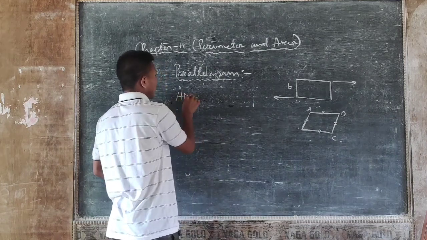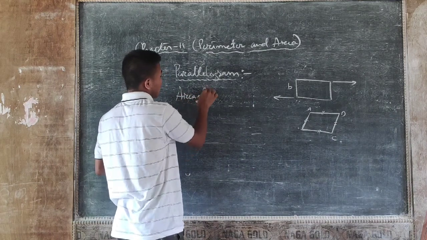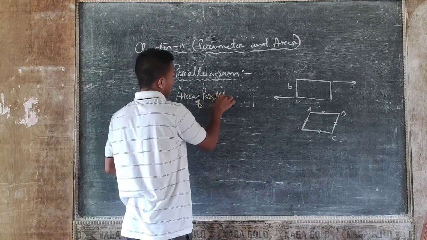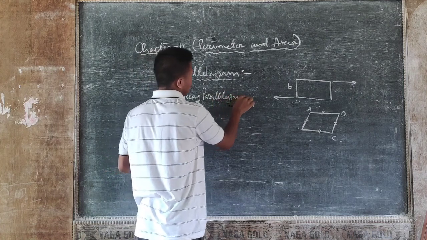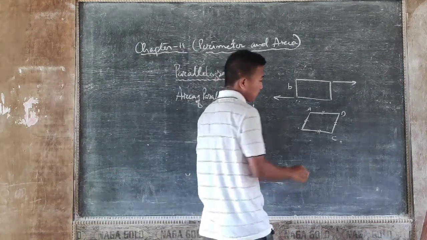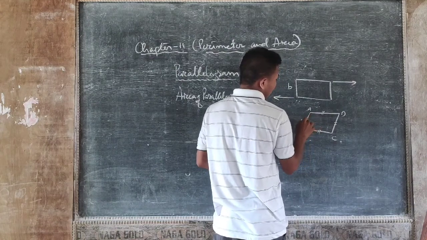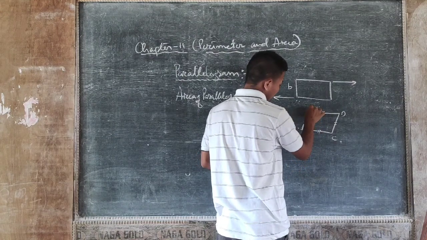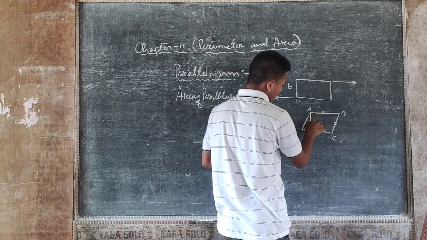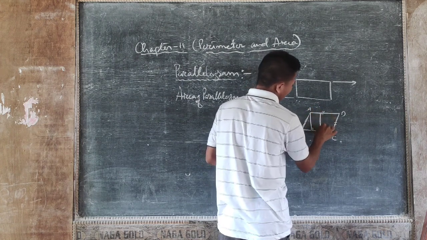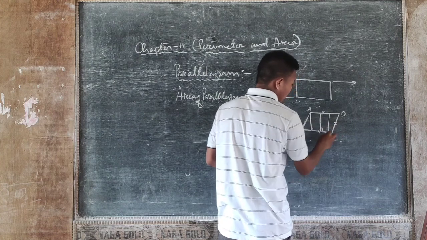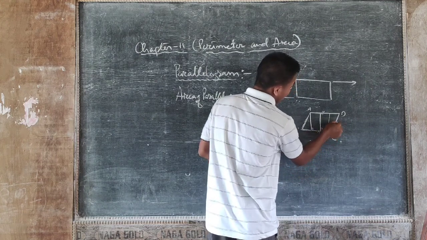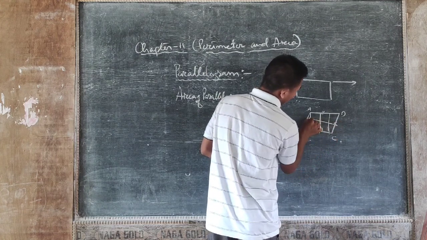And now for the area of parallelogram. To find the area, draw a perpendicular line. Suppose you draw it from here, you can draw it from here, you can draw it from here, or you may even draw it from here on this.